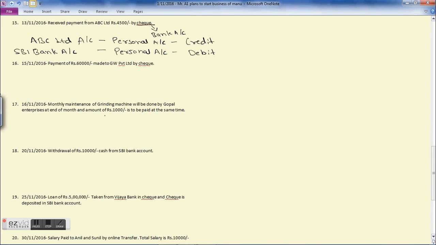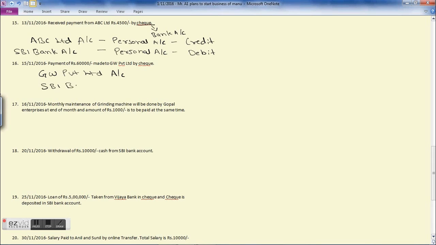Now let's move to the next transaction. Transaction number 16. Payment of 60,000 made to GW Private Limited by check. So the company has made a payment to GW Private Limited by check. Again, what are the two parties that are affected? The two accounts that are affected are GW Private Limited account and check.